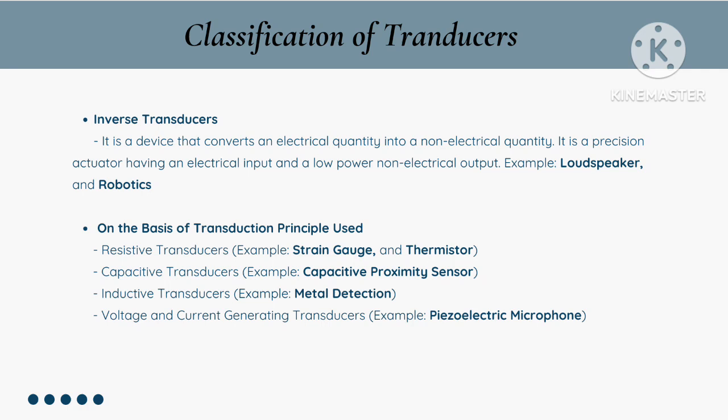So example niya kay capacitive proximity sensor, which detects the presence of an object without physical contact by measuring changes in capacitance. So ang capacitance, it is the ability of two conductive plates to store an electrical charge. Ang charge kay na-influence ni siya by the material between the plates.